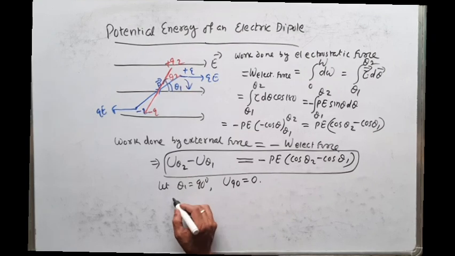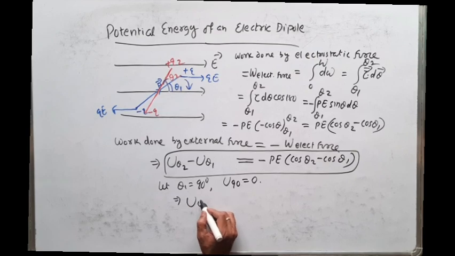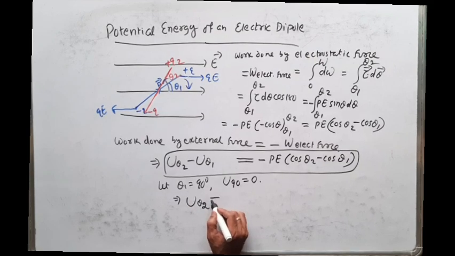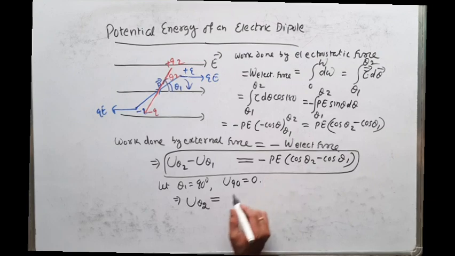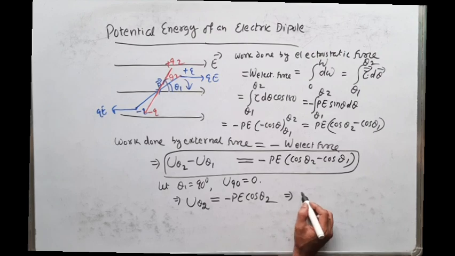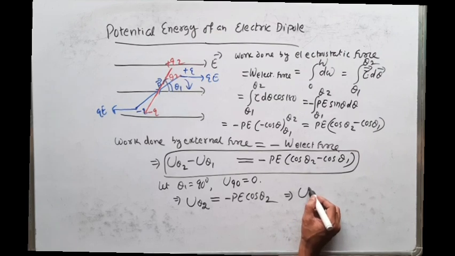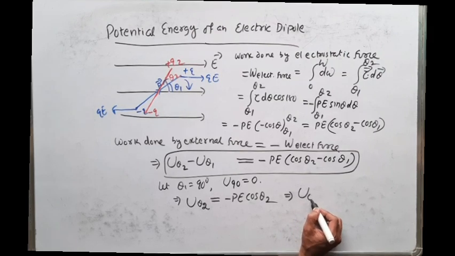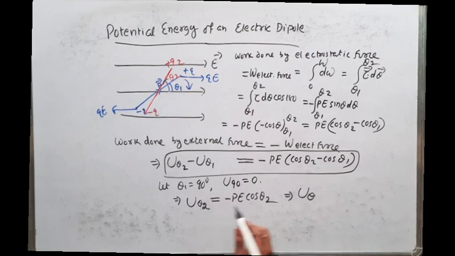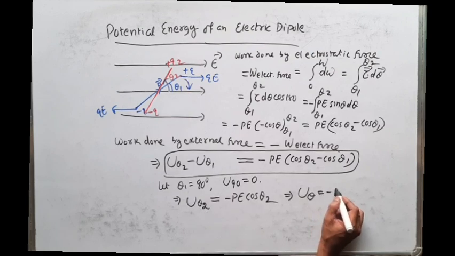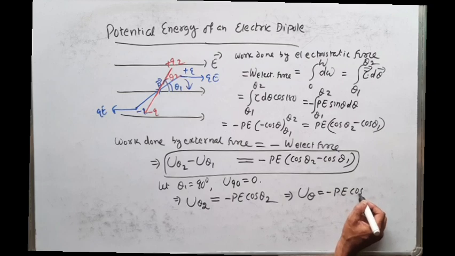Now U theta 2, the final potential energy, is equal to minus PE cos theta 2. Or in general, if the body moves to a new angle theta, then the potential energy is equal to minus PE cos theta.